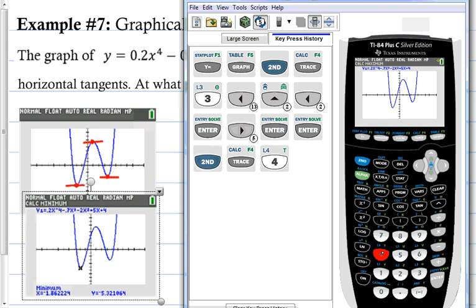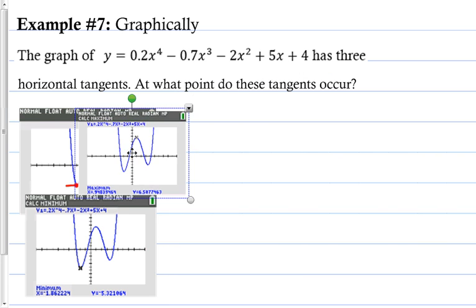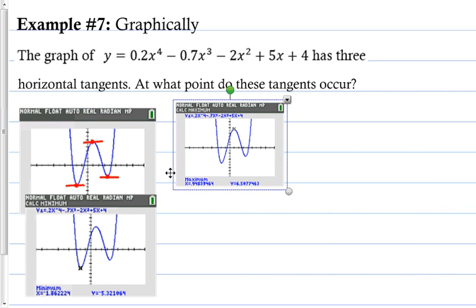It asks for the left bound, so the left side. My maximum is the one in the middle. So hit enter, then go to the right and hit enter. I don't have to take a guess. And there is my maximum. I'm just going to drag this over here as well. All right, so here are my max and my mins.